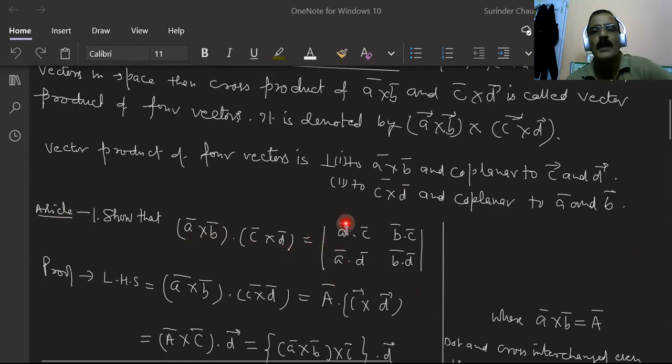the determinant of A dot C (a11), B dot C (a12), A dot D (a21), and B dot D (a22).